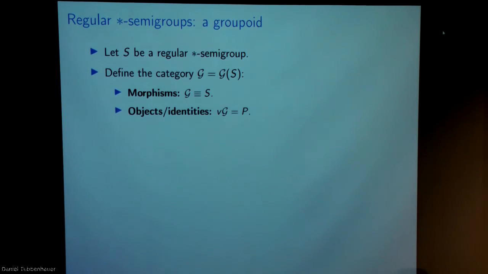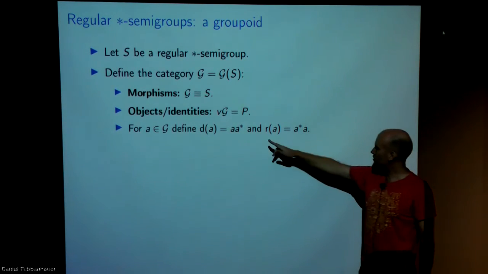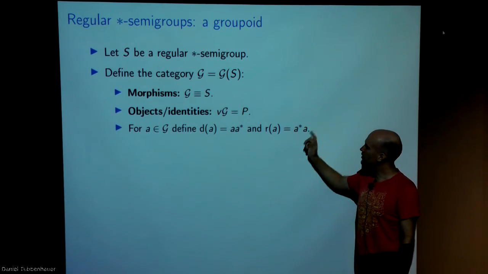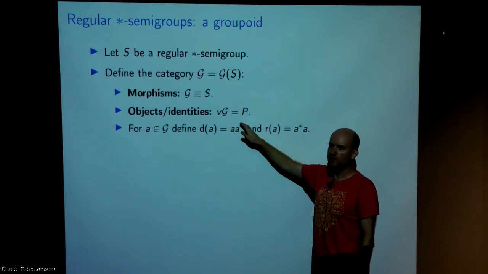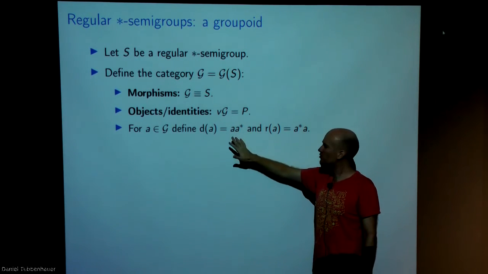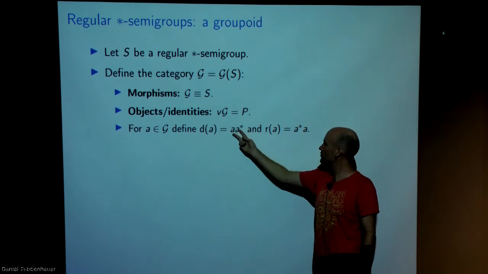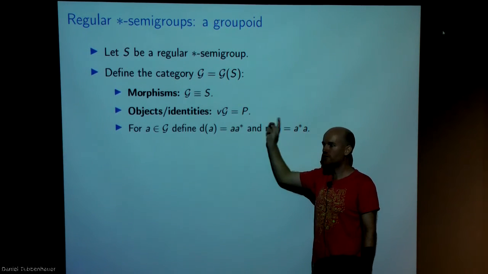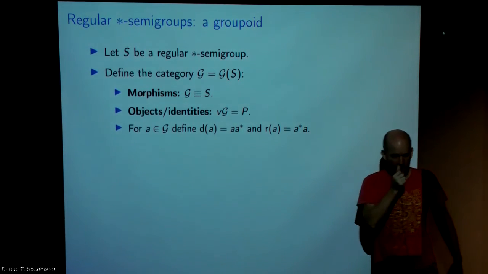The objects are now not all idempotents, but just the projections. The domain of an element is A star, the range of an element is A star A, and it's not too hard to show that this is a projection. We've seen that it's an idempotent, and if you star this, you get A star star, A star, and that's the A star.